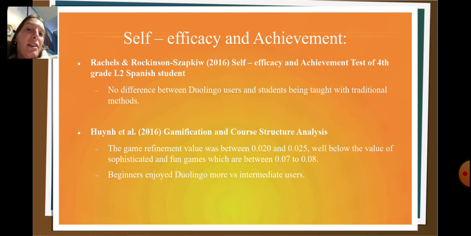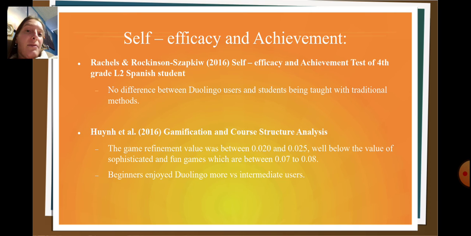Self-efficacy and achievement. So it was Rachel's and Rockinson Sapke that identified that there was no difference between Duolingo users and students being taught with traditional methods when it came to test scores. Wing et al. also conducted a study on what would happen with the course when it was gamified.